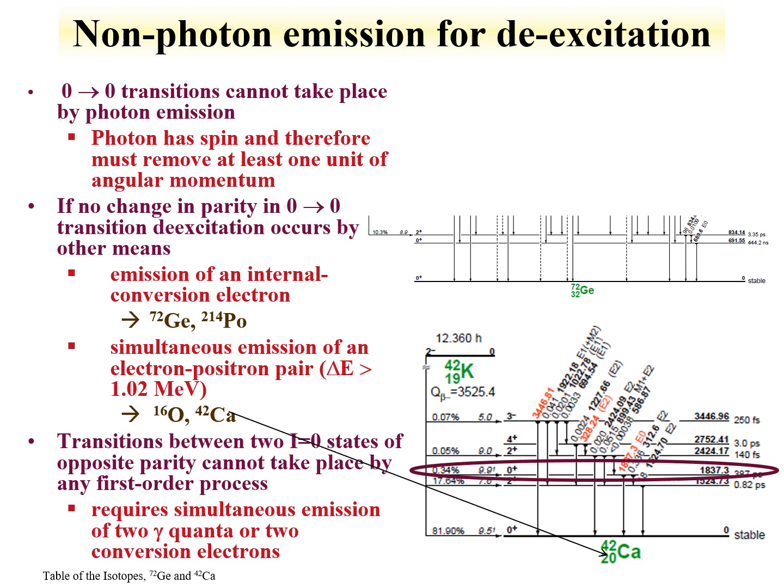And then here's an example of calcium-42. Oxygen-16 has the same, where the energy is shown here at 1,837 keV above the ground state. That's larger than what's necessary for pair production. So this de-excitation can occur by pair production.